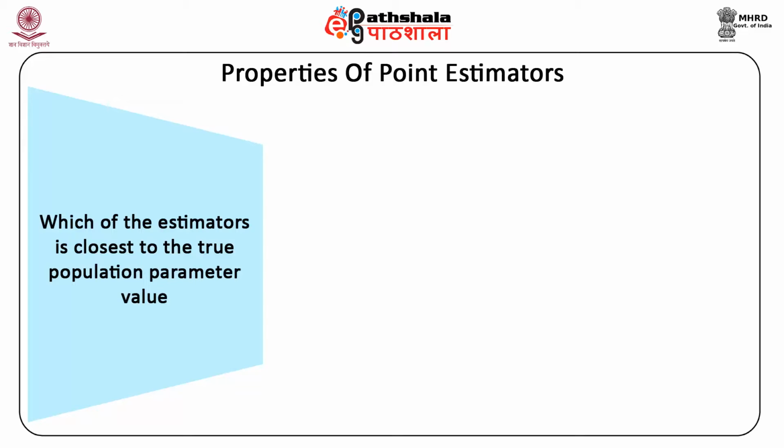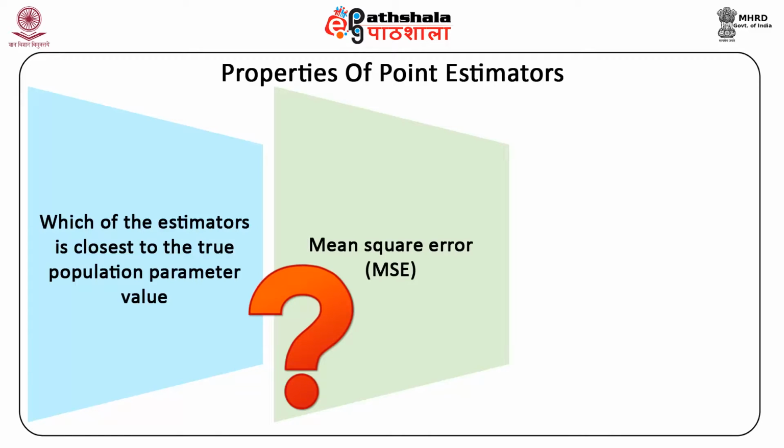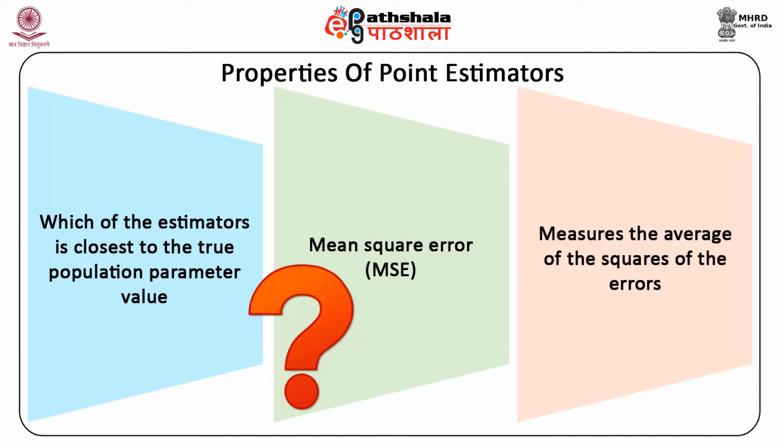One way to answer this question is by using the mean square error, MSE. In statistics, the mean square error of an estimator measures the average of the squares of the errors, that is, the difference between the estimator and what is actually estimated.